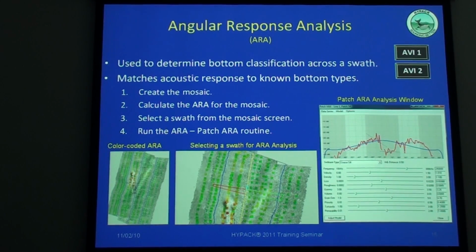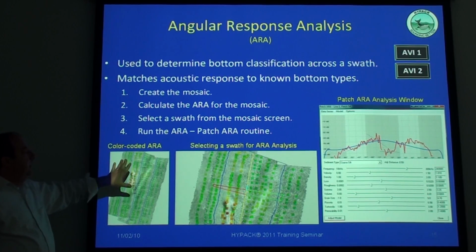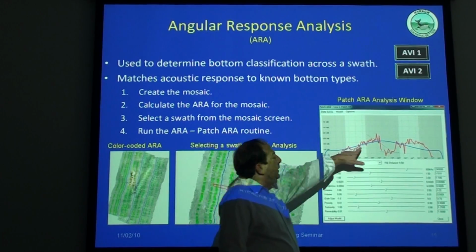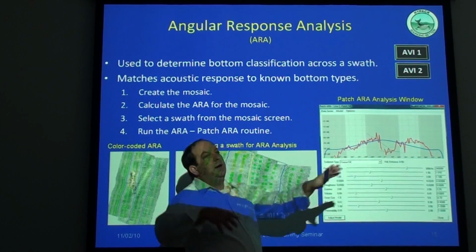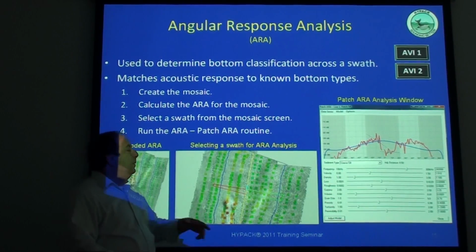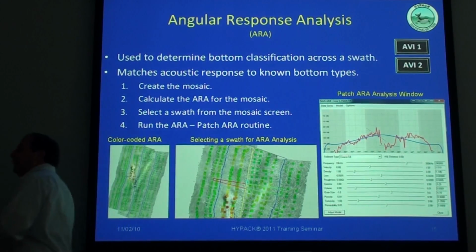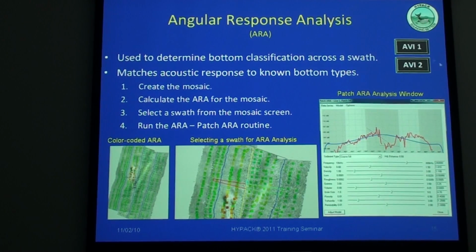This angular response analysis. So I make a mosaic, click on any section of the bottom, compare it to a calibrated bottom, a flat bottom, and it comes up with coarse silt, gravel, rock, sand.